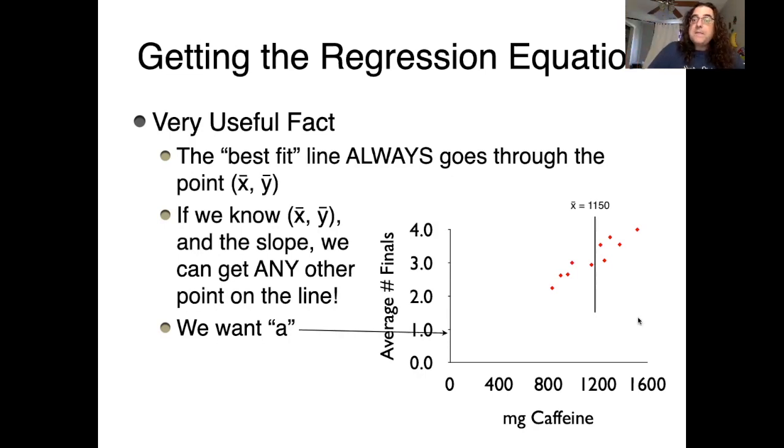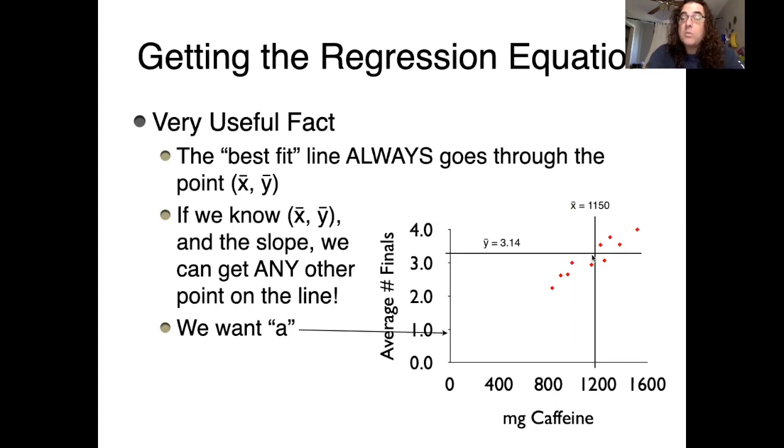So this point right here, that is at the average value of milligrams of caffeine, combined with this point here, which is the average number of finals, is x bar, y bar. The regression line will always go through that point. If you have an average score on x, our best prediction is always going to be that you have an average score on y.